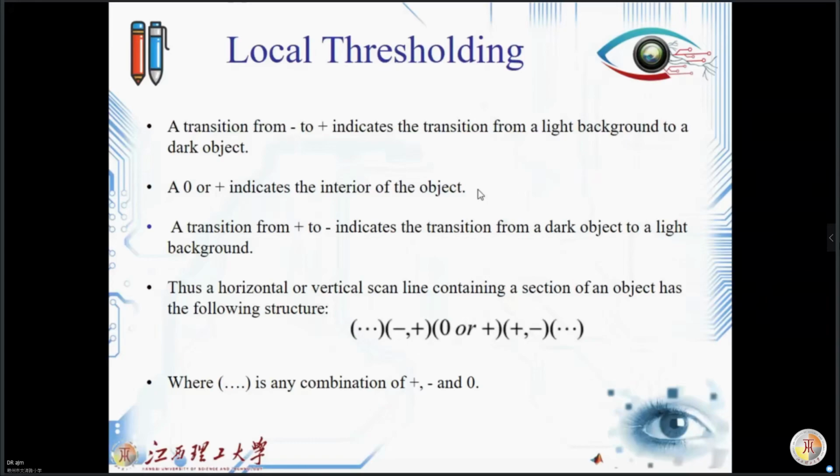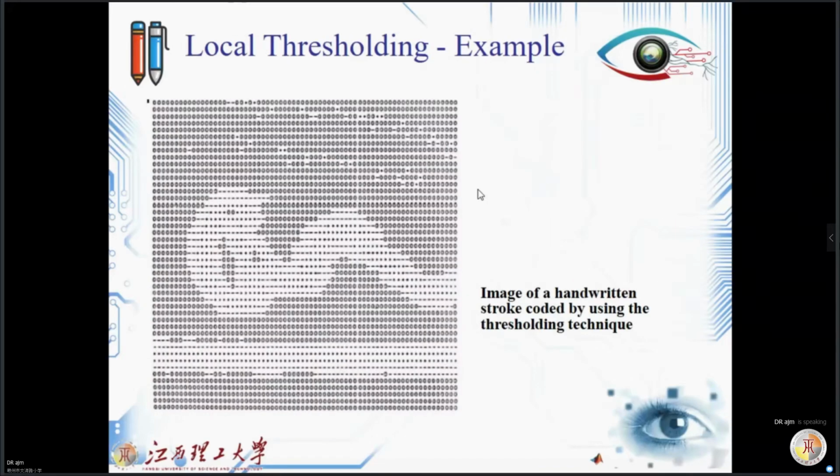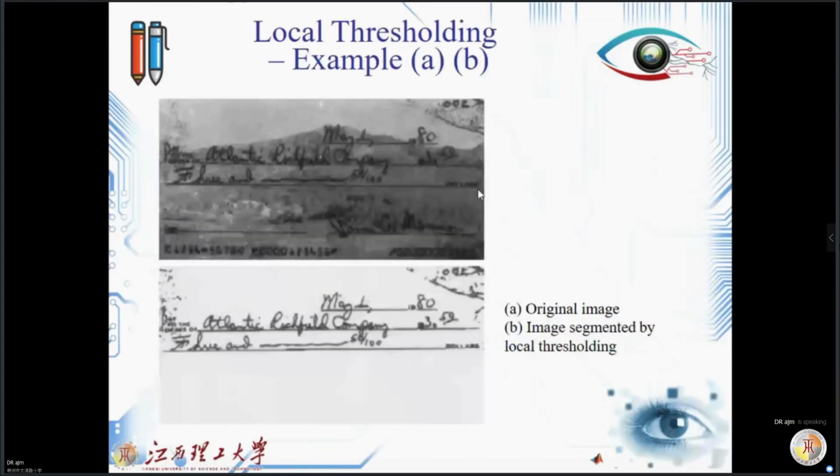Now you can see a local thresholding method applied to an example of handwriting, which is segmented by using the threshold technique, defining and finding some word. Another example is the original image and the image segmented by local thresholding.